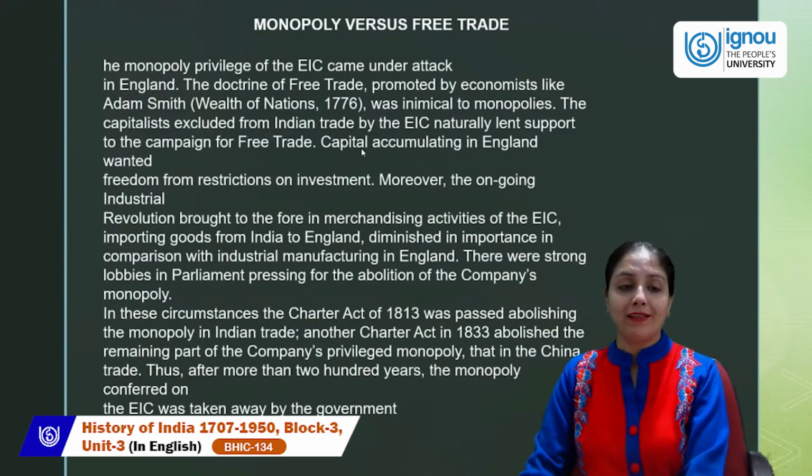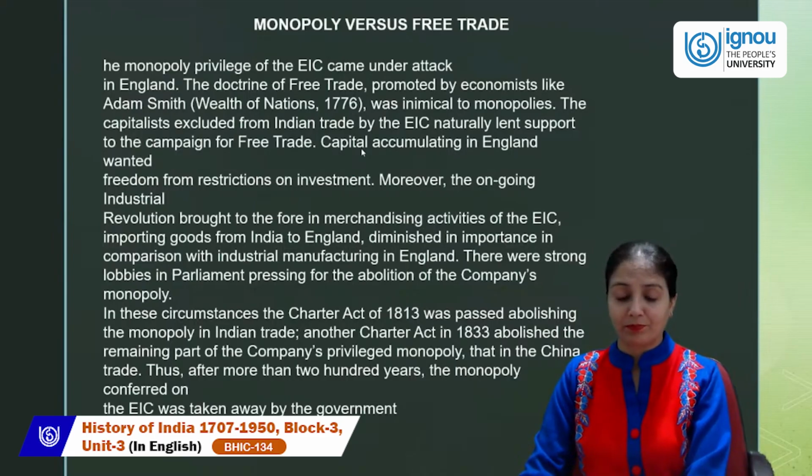Moreover, the ongoing Industrial Revolution brought to the fore industrial manufacturing in England, and the merchandising activities of the East India Company, importing goods from India to England, diminished in importance in comparison. There were strong lobbies in Parliament pressing for the abolition of the company's monopoly.